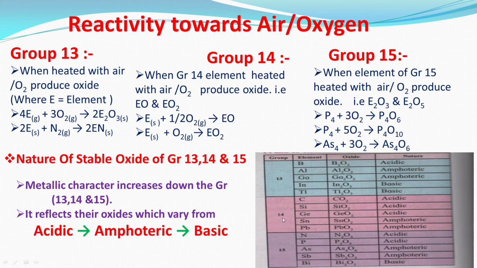In the same way in group 14, acidic, amphoteric. While in group 15, these two are acidic, these two amphoteric, while Bi2O3 becomes basic. We represent here that their oxides vary from acidic to amphoteric and basic.